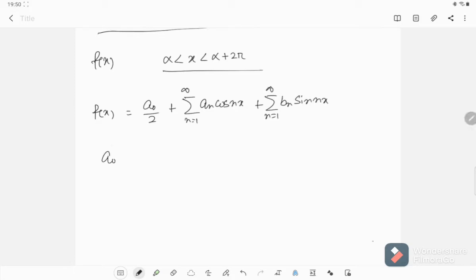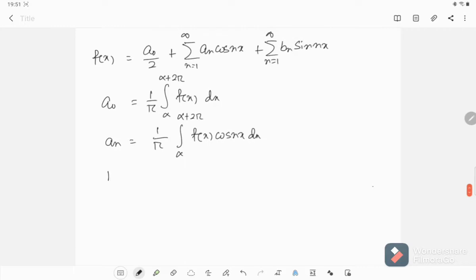and a0 is equal to 1 by pi integral from alpha to alpha plus 2 pi of f(x) dx, and an would be equal to 1 by pi integral from alpha to alpha plus 2 pi of f(x) cos of nx dx, and bn would be equal to 1 by pi integral from alpha to alpha plus 2 pi of f(x) sin of nx dx.